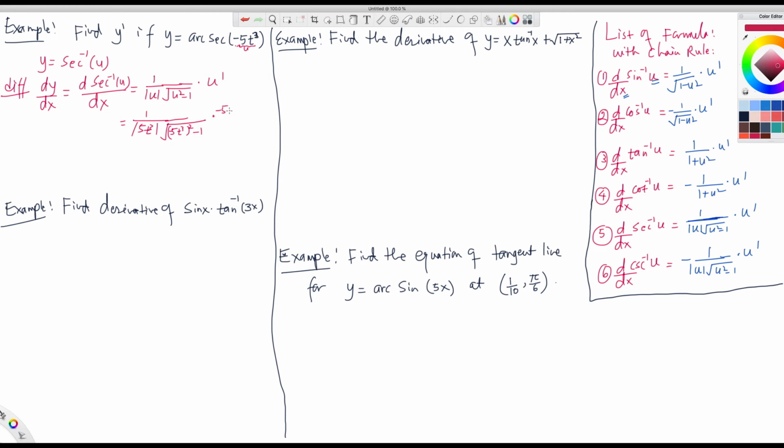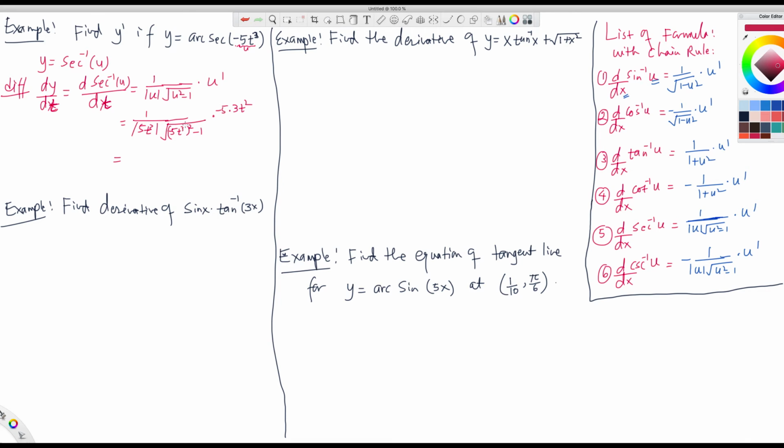Negative 5 times the derivative of, oh, by the way, it should be t, because there is t there. So this one is t, and then 5, so 3t squared, because we are finding the derivative with respect to t, that's why it is 3t squared. So what is the final answer then?